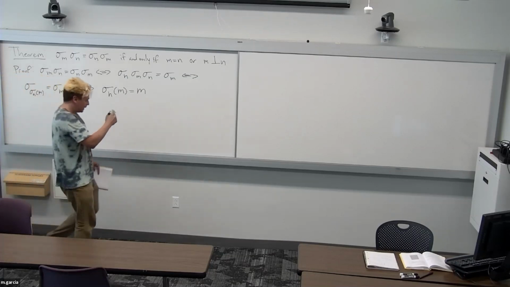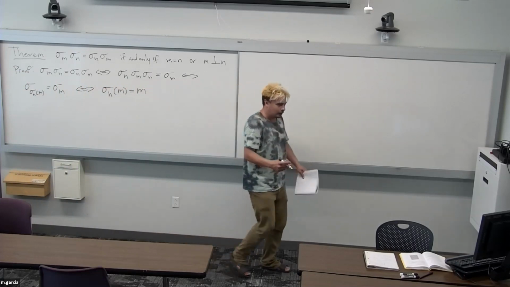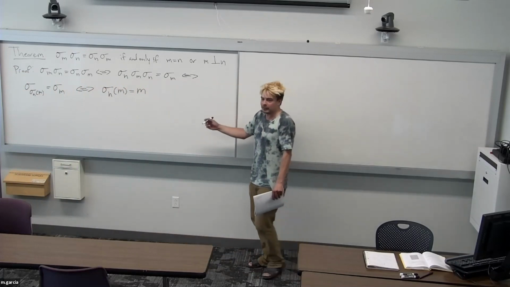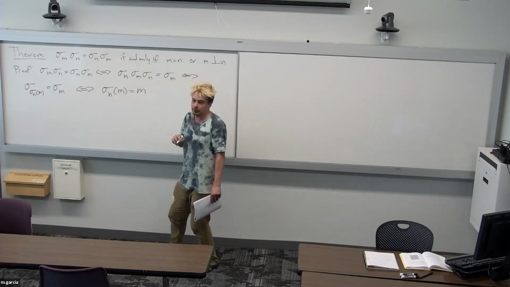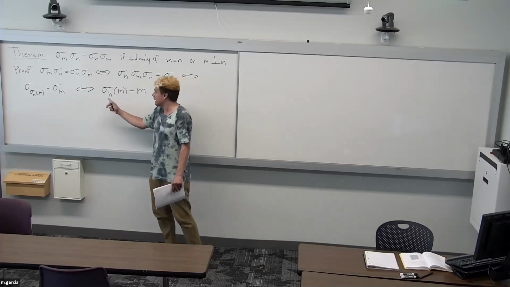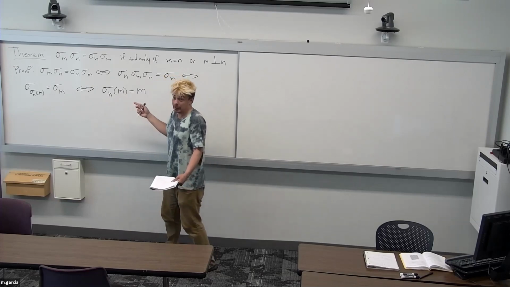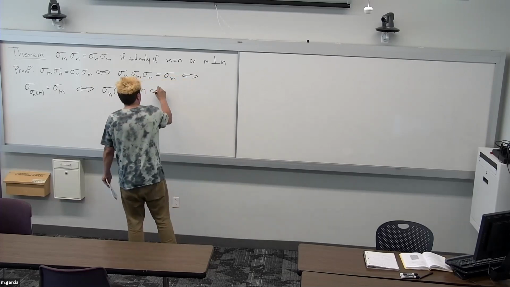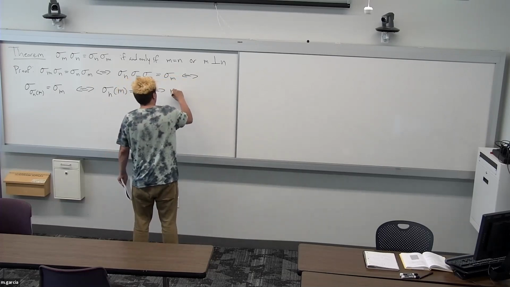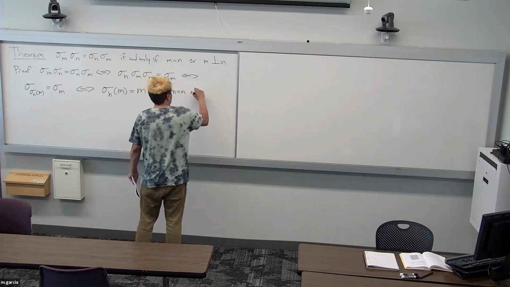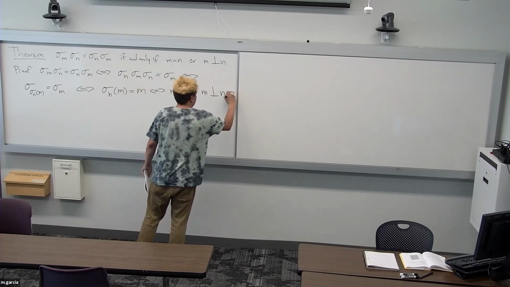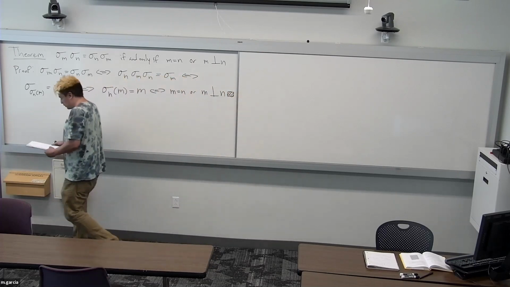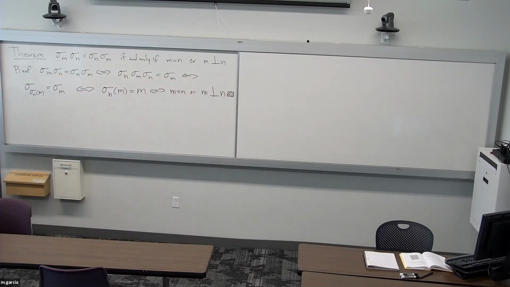Okay, so now, from our study of the basic properties of reflection, we know that either n is equal to m or n and m are perpendicular, because that's the only way sigma_n fixes a line, right? So this implies our result.